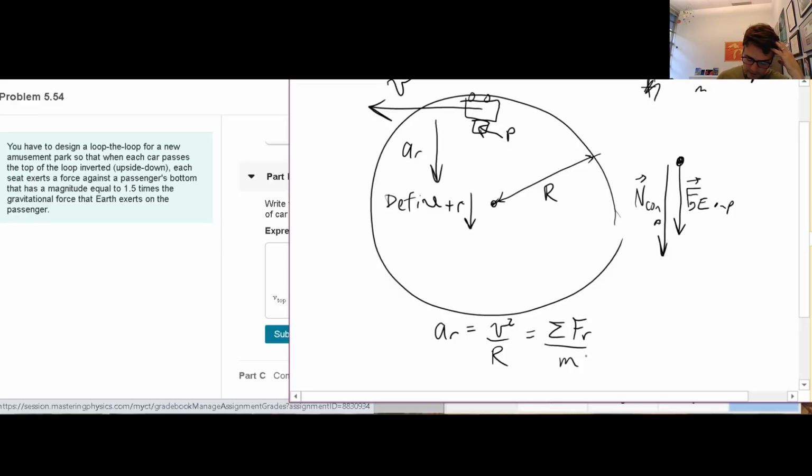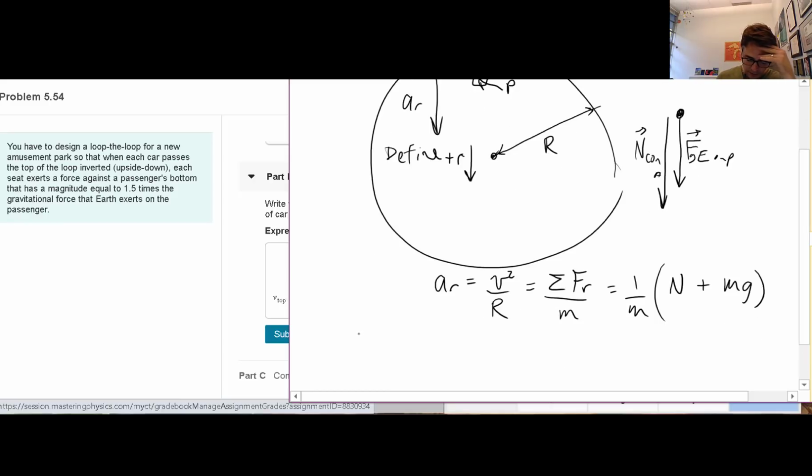Divided by the mass, right? So that's going to be 1 over the mass times the normal force plus m times g. And what we're going to do is set the normal force equal to 1.5 times m times g, right?